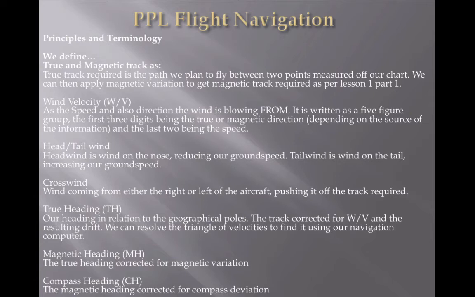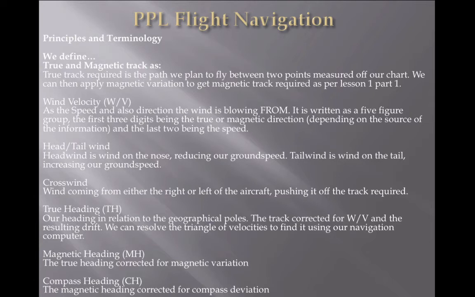It is written as a 5-figure group, the first 3 digits being the true or magnetic direction, and this is important depending on the source of the information, and the last 2 being the speed in knots. I will get on to how the source of the information varies between true and magnetic, because you will need to know that for the exam, and also just general flying.